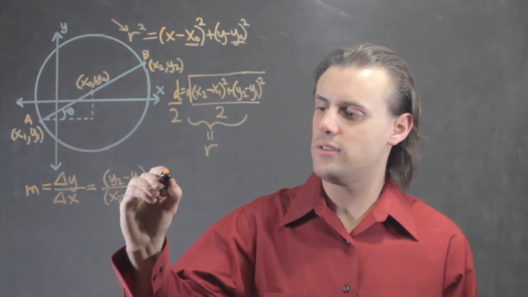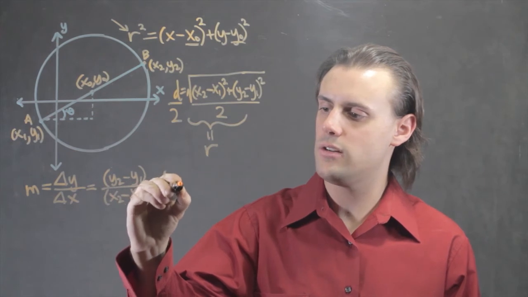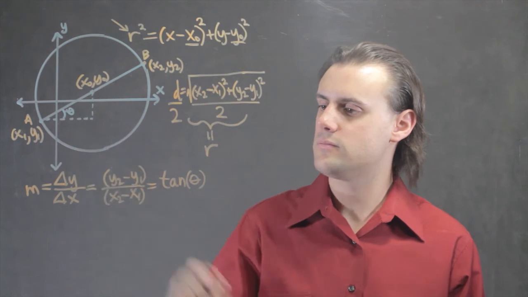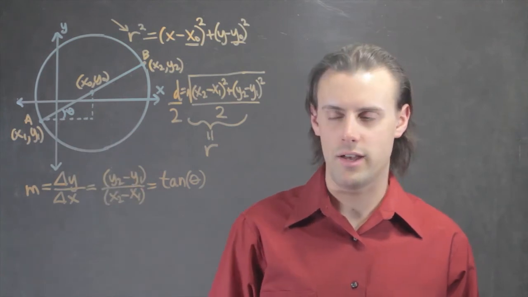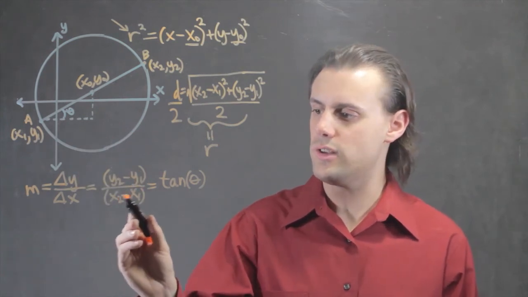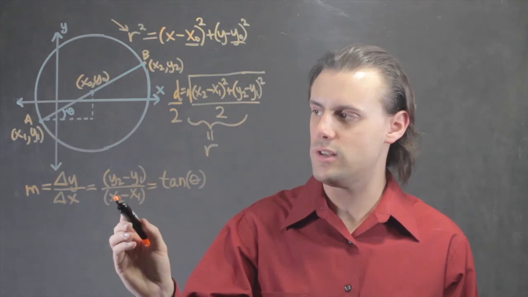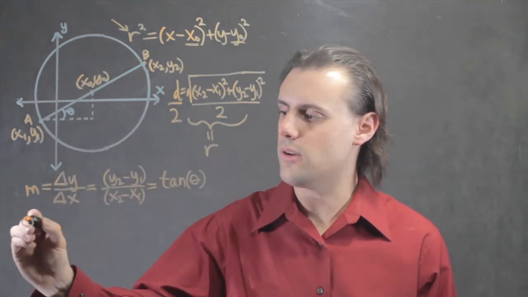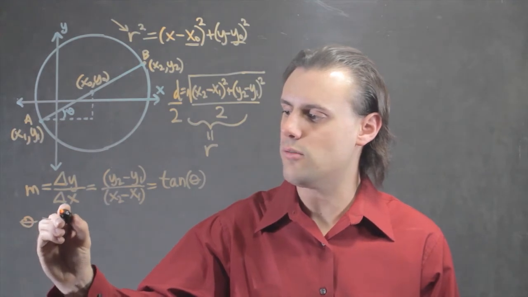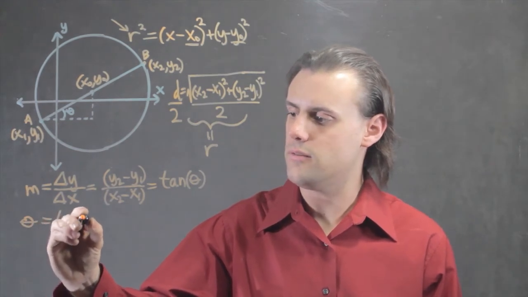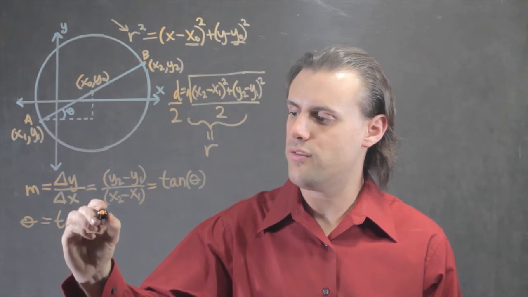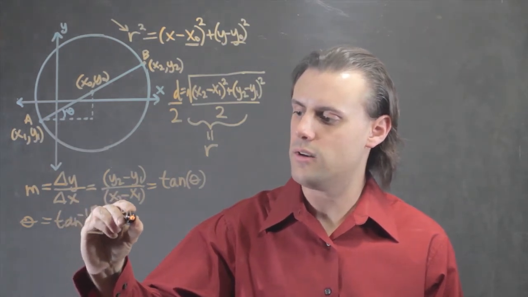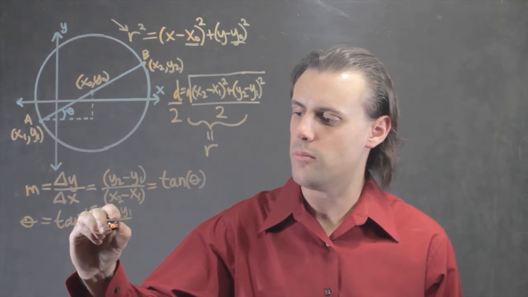So if I set this equal to tangent of the angle theta here, then I can solve for this angle in terms of just what's given to me, which is the values of these coordinates. So my angle theta is going to be equal to arctan of my slope, which is (y2 minus y1) divided by (x2 minus x1).